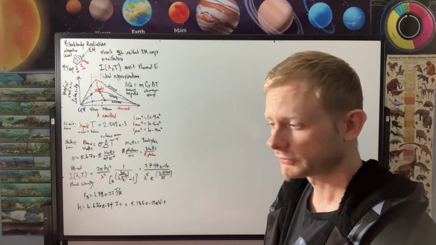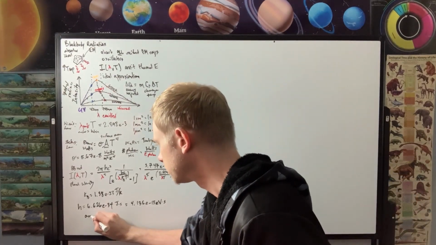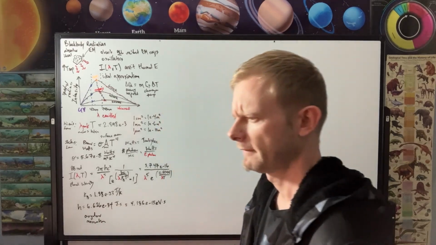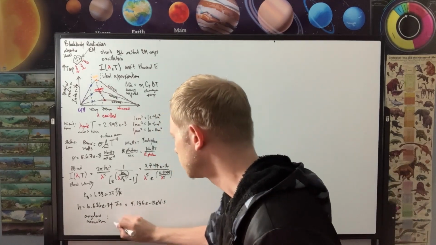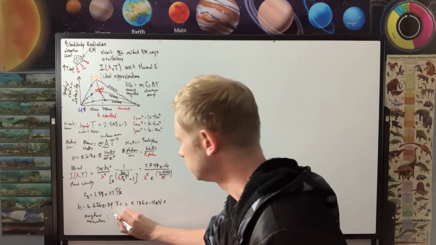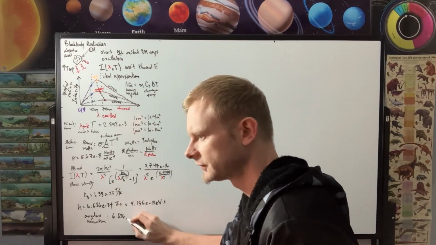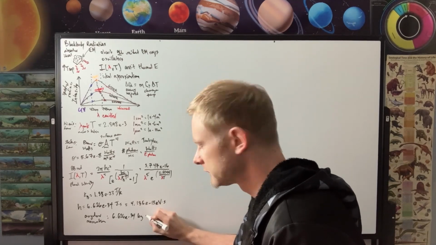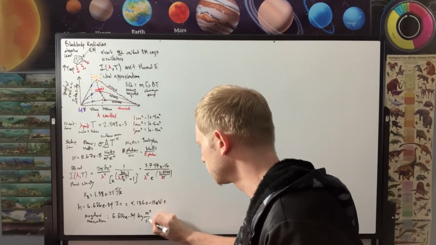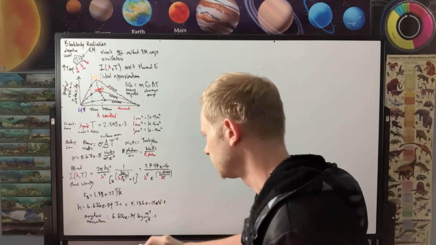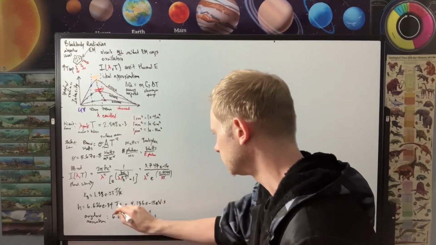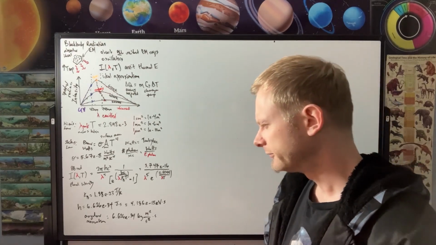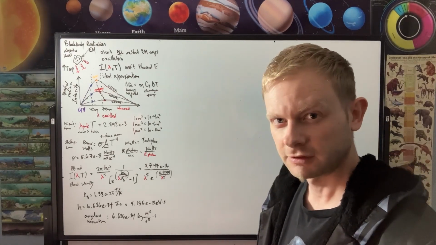But we can also say that these are units of angular momentum. So that means that this is actually more equal to 6.626 e to the negative 34 kilograms times meters squared over seconds squared, and then we'll just multiply that by seconds as well, right? This is joules times seconds. So we have angular momentum involved with Planck's constant.